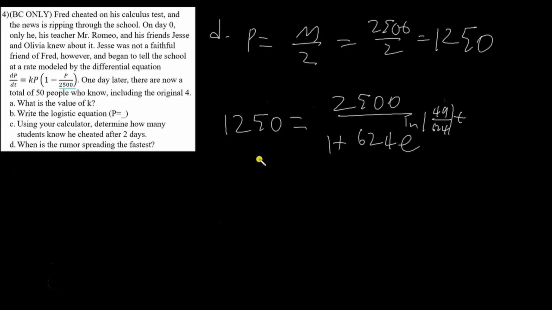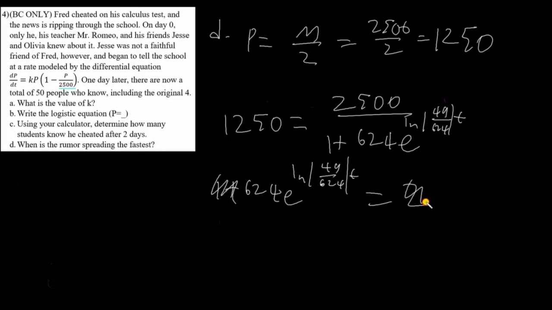Bring the 1250 down here, and we get 1 plus 624 e to the ln 49 over 624 t equal to 2500 over 1250, which is 2. Then subtract 1, which makes a 1. Divide by 624.